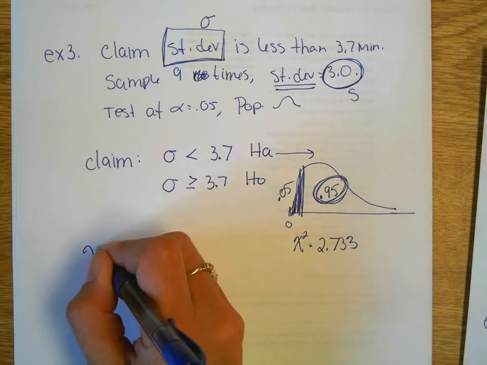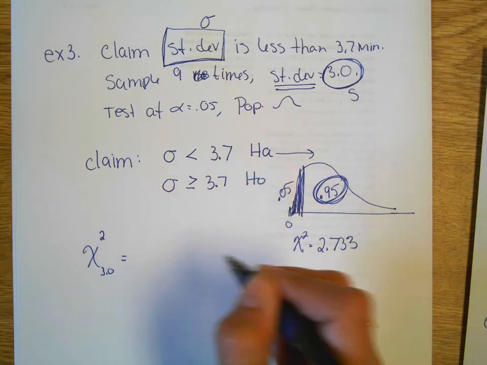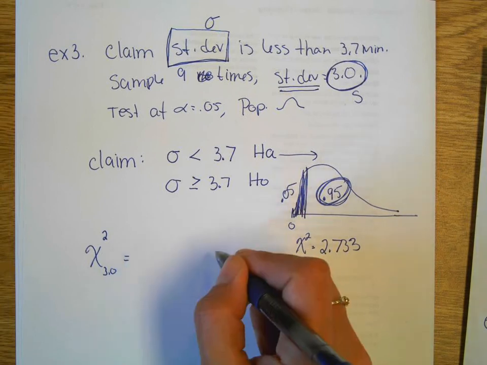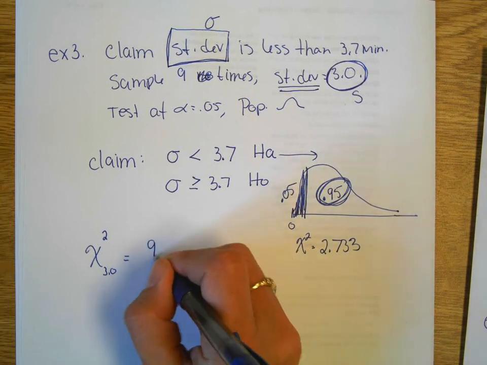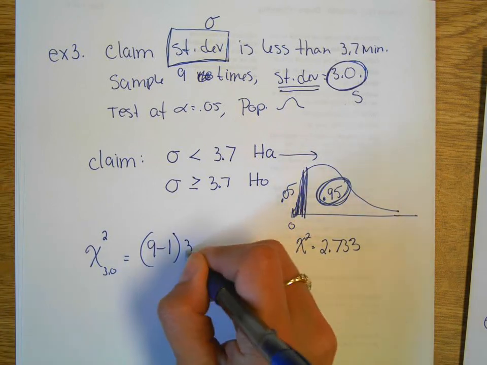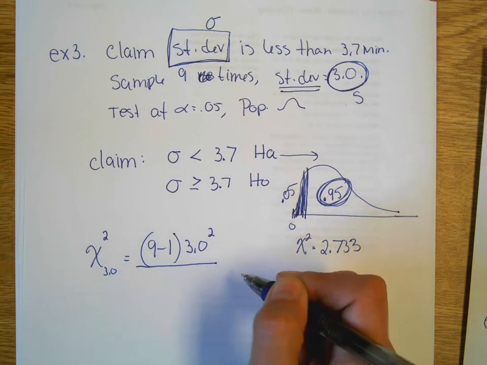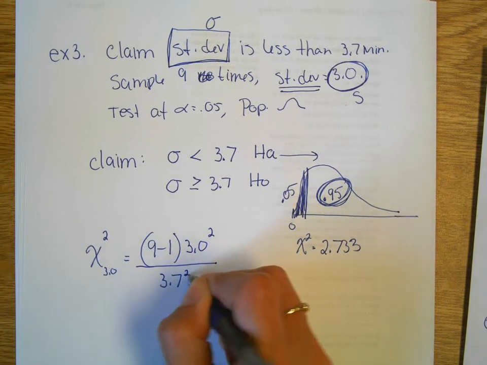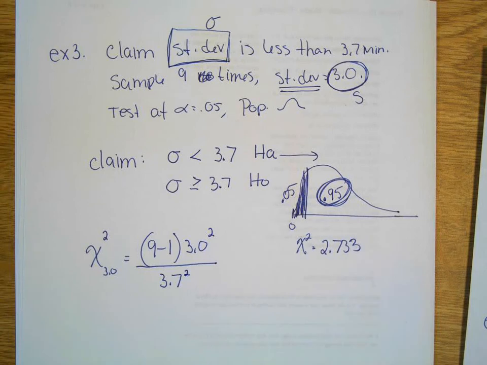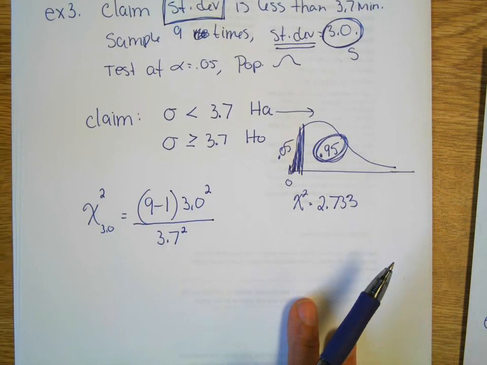So the chi-squared for 3.0 is going to be 9 minus 1, times 3.0, or just 3, squared, over 3.7 squared. The big difference this time is I have to square them because I gave you standard deviation. The other one we didn't square them because I gave you variances. Got it. So standard deviation equals squared.